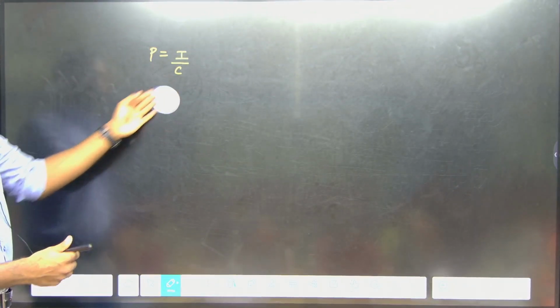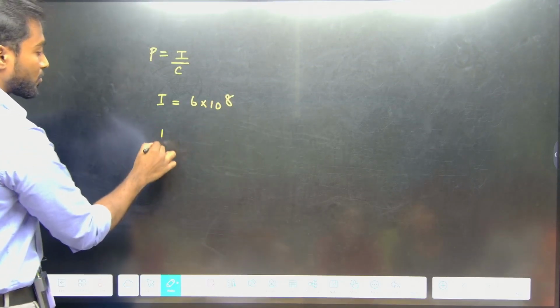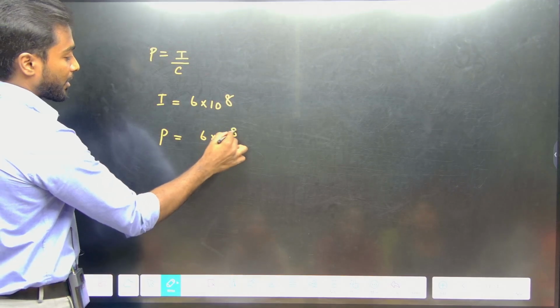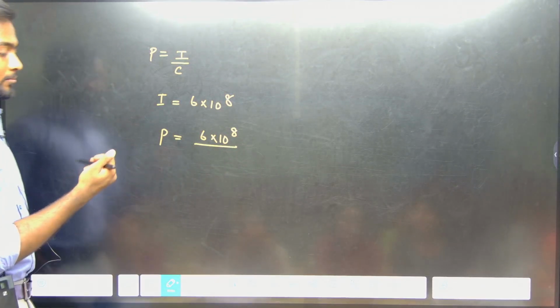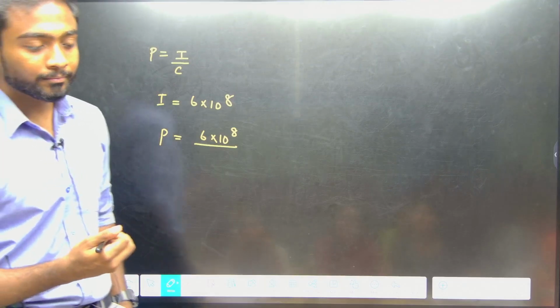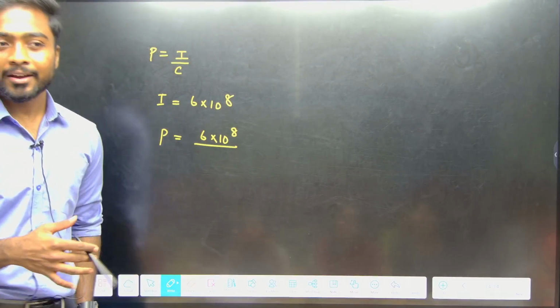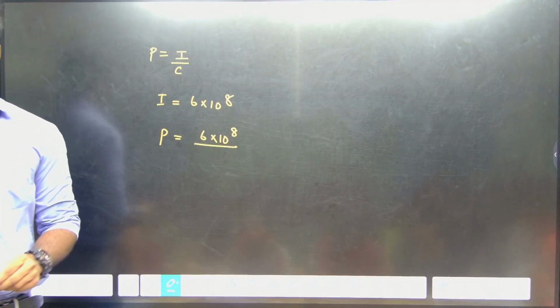So intensity is equal to 6 into 10 power 8. So P is equal to 6 into 10 power 8 divided by 3 into 10 power 8, or 10 power 8? What is the question? Read the question.